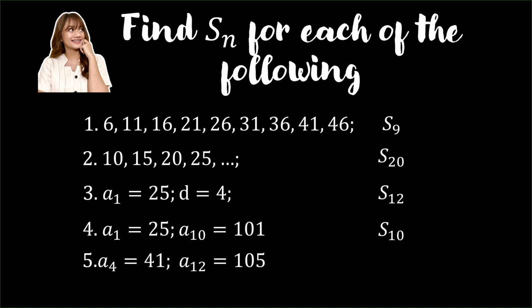Number 5, last number, we have a sub 4 is equal to 41 and a sub 12, the 12th term, is 105. Now, find the sum of the first 8 terms of the sequence where the 4th term is 41 and the 12th term is 105.